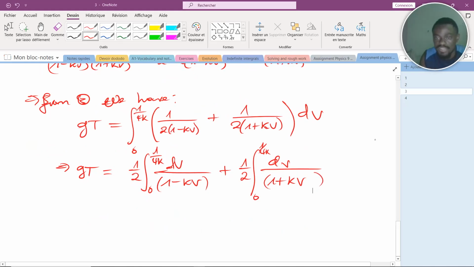So how do you then integrate this? It's very simple. You understand now? What are we supposed to do here to integrate this? We notice that in this first part, d of this will be equal to what?